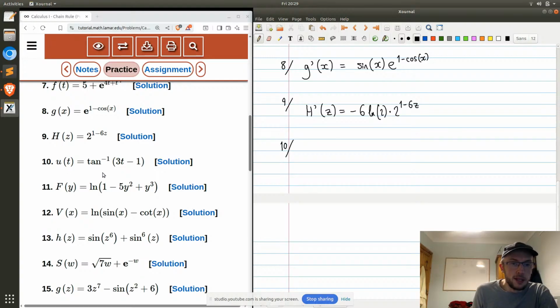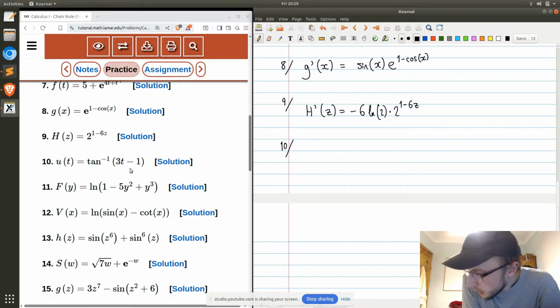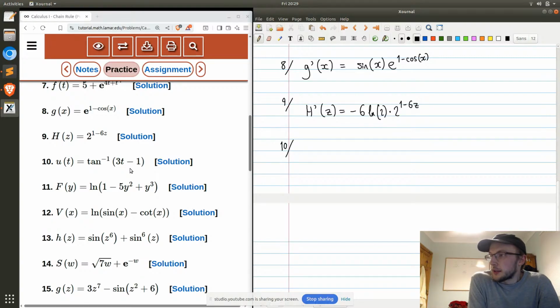Okay, next up, arctan. So d by dx of arctan of x is 1 over 1 plus x squared. So in this case, we're working with t.